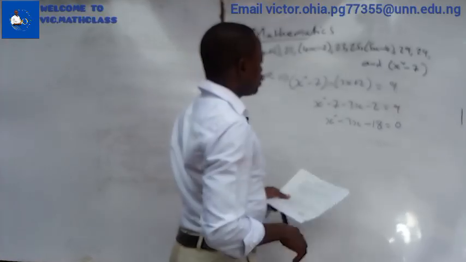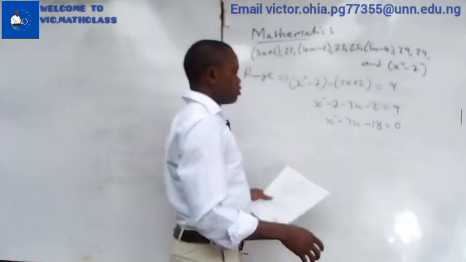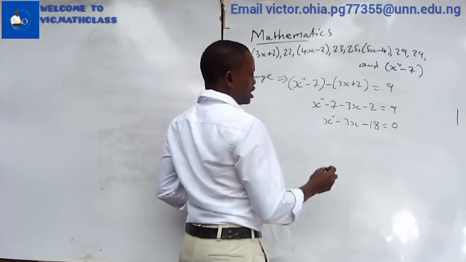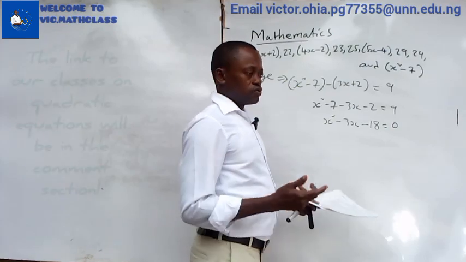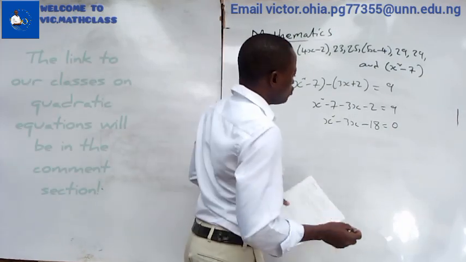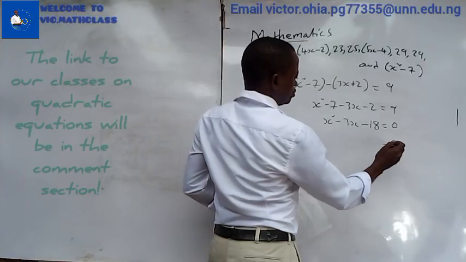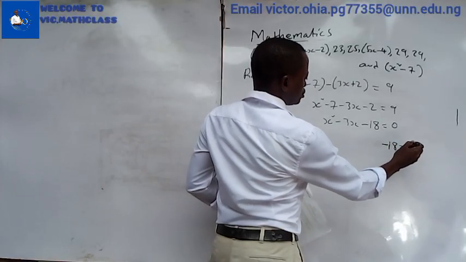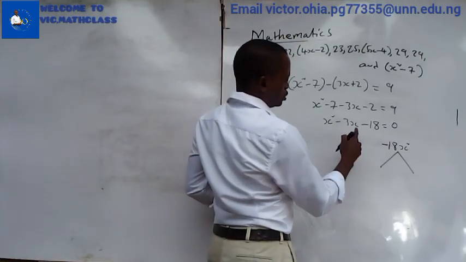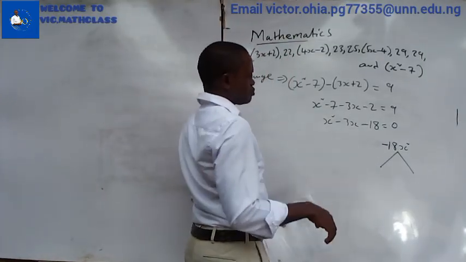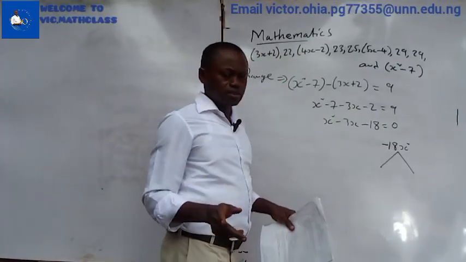Our intention now is to factorize this expression to see what the value of x is going to give us. We have done classes in factorization of quadratic expressions. Simple way: take the product of this and this, you will have -18x². Break it into 2 factors that will sum to give you -3. Two factors of 18 that can give us 3: think 3 and 6. 3 times 6 is 18.